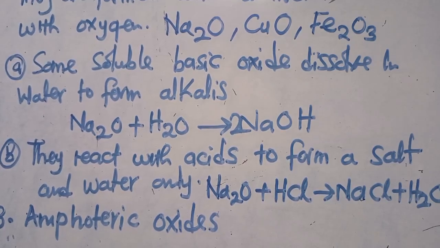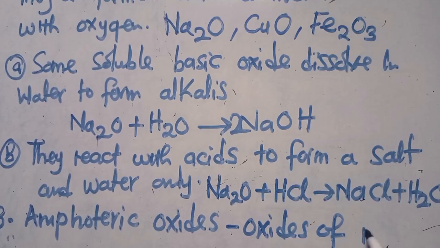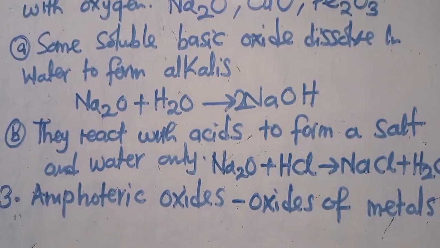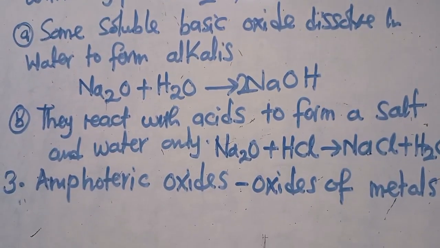What you need to understand is that these are also oxides of metals. That's how we also get to term them. I guess you are able to understand, though I'm a bit fast. These are just notes, and I guess you are moving with me and are able to write down some notes. So amphoteric oxides are oxides of metals.